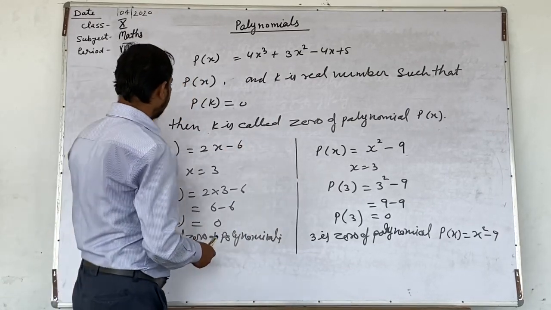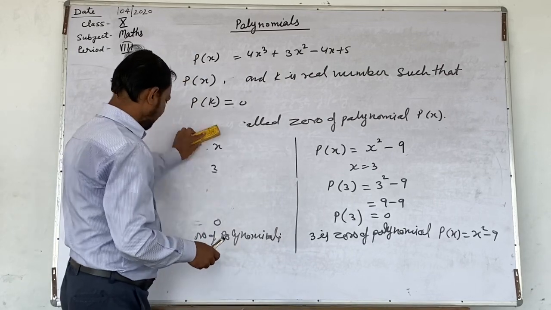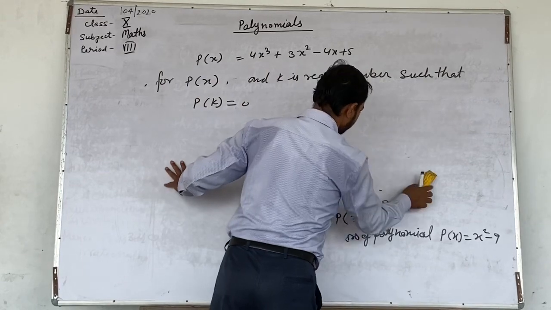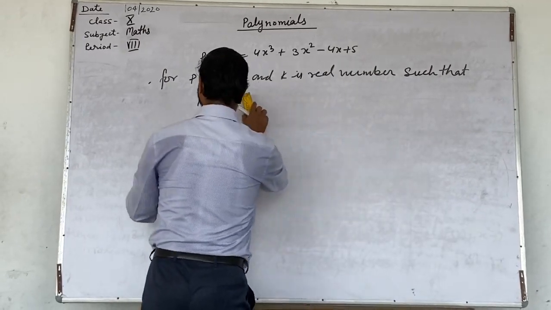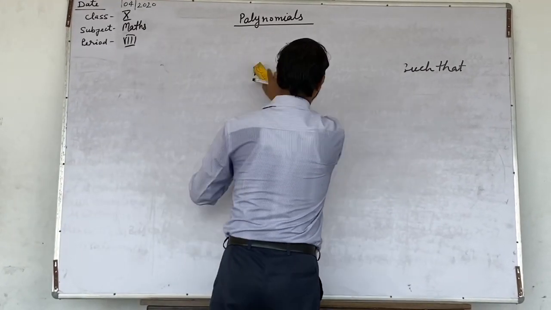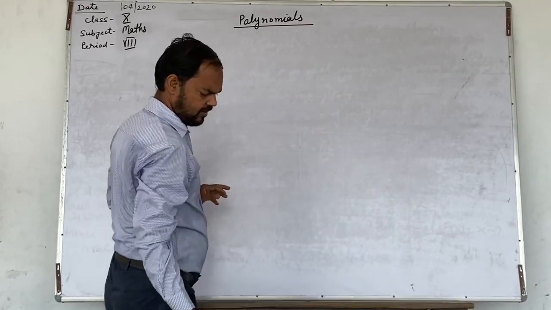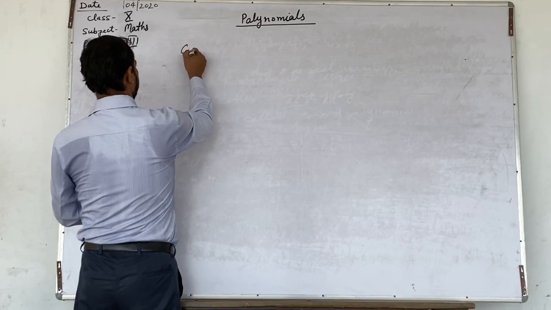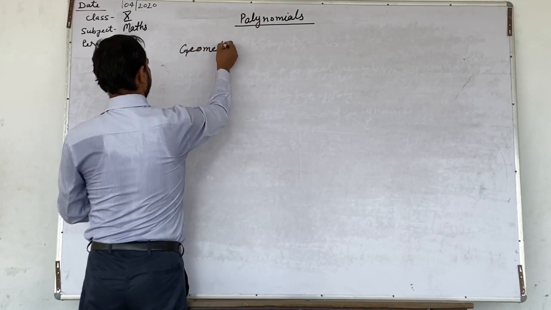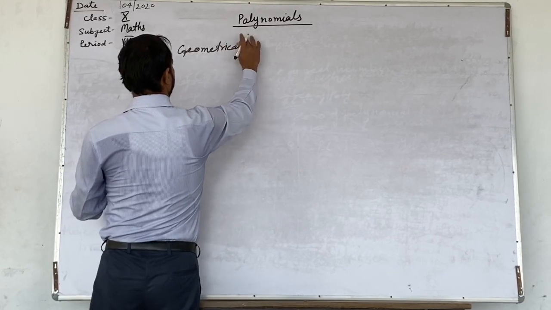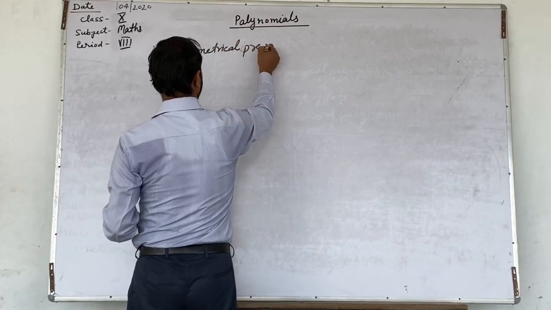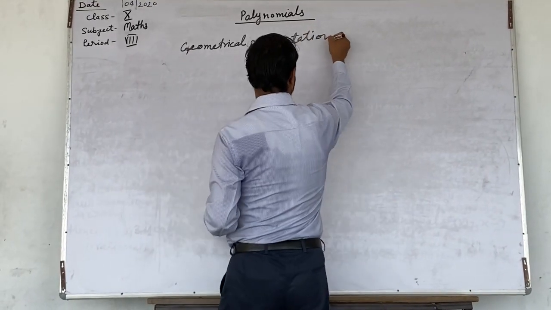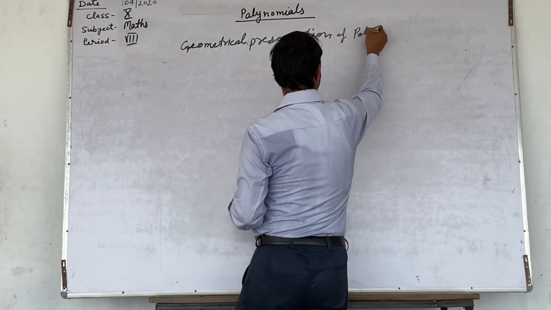Now in class 10, here is the geometrical representation of polynomial.